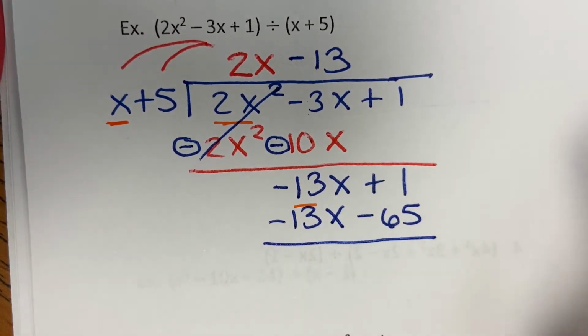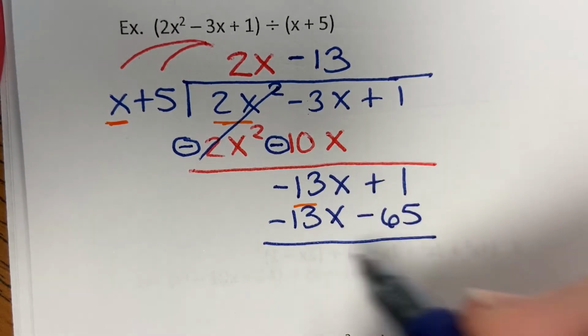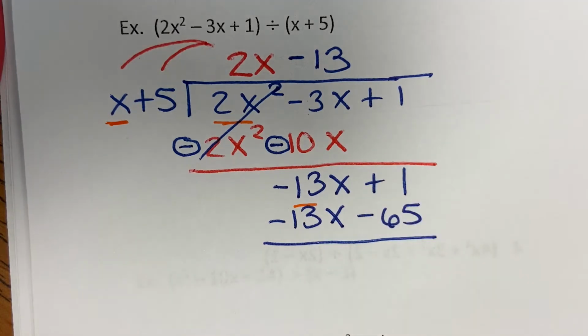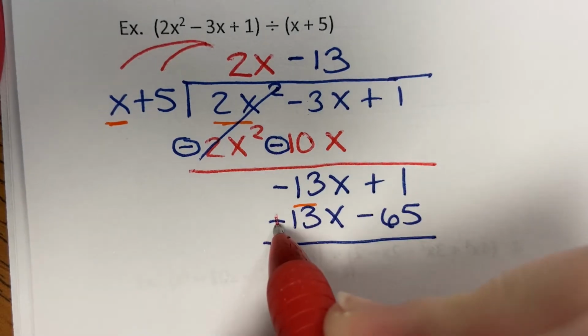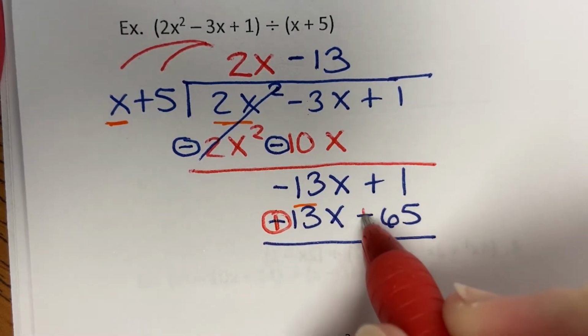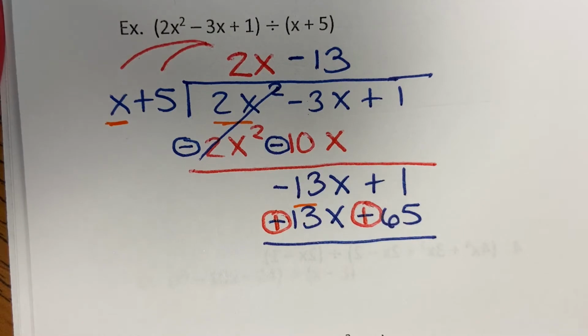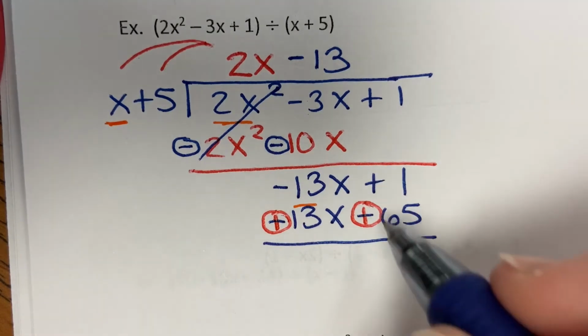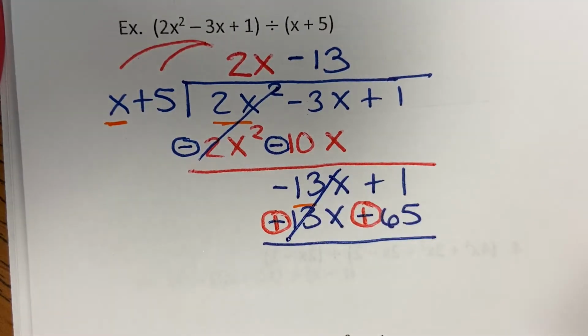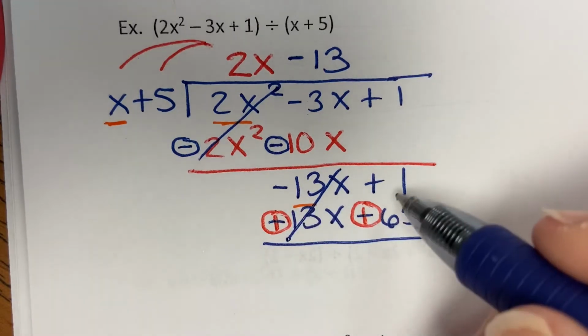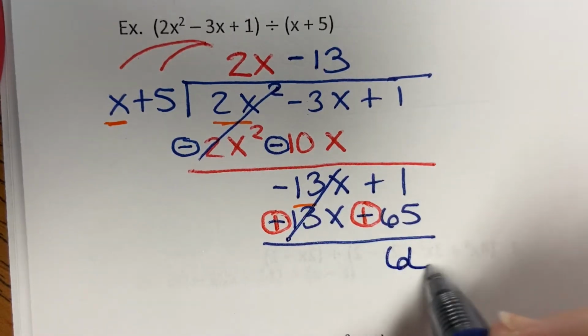Be careful. Common mistake is we're like, oh, cross it out. Oh, that's negative 64, but then you'd mess it up. So that's not the case. So we need to change our signs. So this is going to become a positive, and this is going to become a positive. Now this cancels finally because it's a negative and a positive, but then this gives me 66.